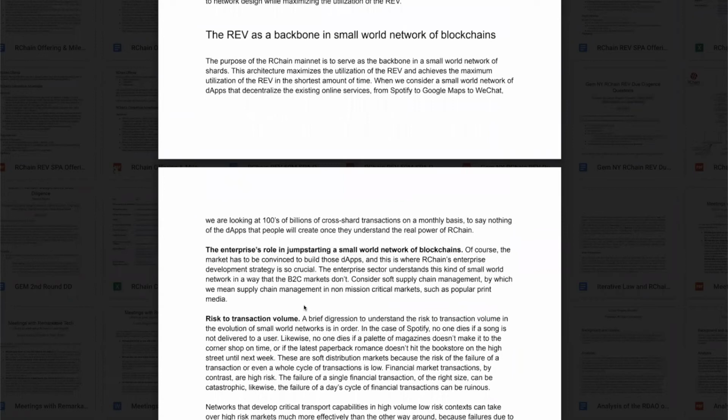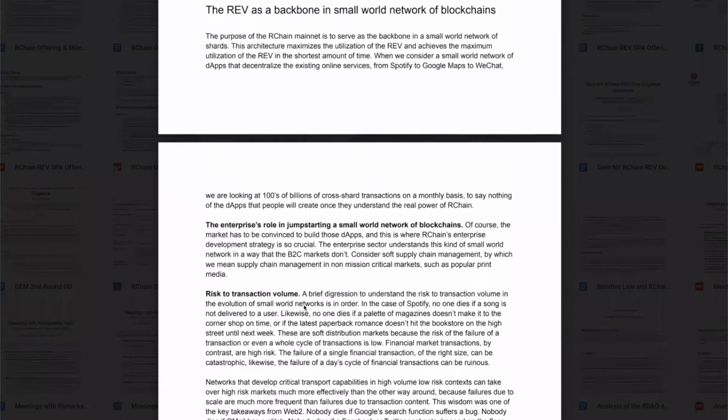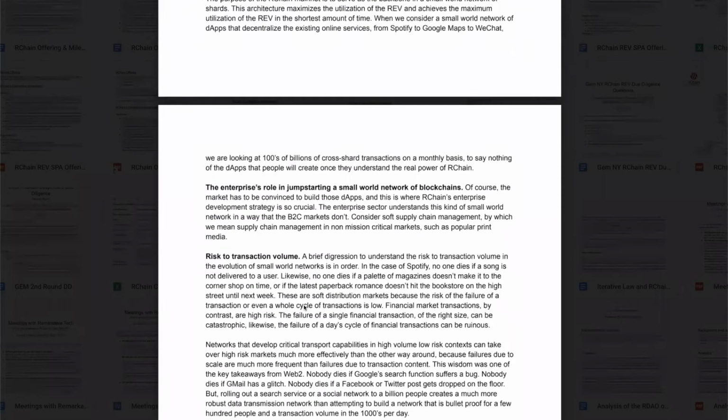So the next piece of the puzzle here is that you have to convince the dApp builders to build on your platform. And that takes, as we have seen, a lot of time to get people to understand what your platform offers and why they should begin building, especially in the context of an existent large-scale incumbent like the World Wide Web.